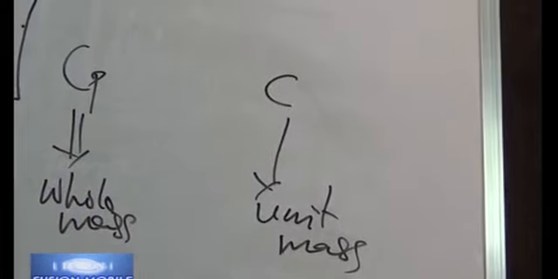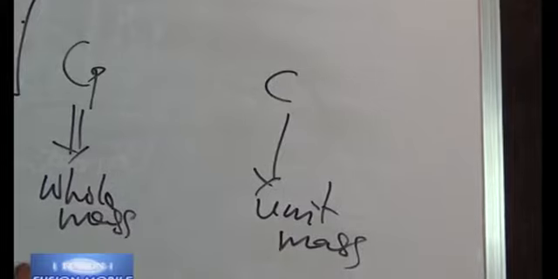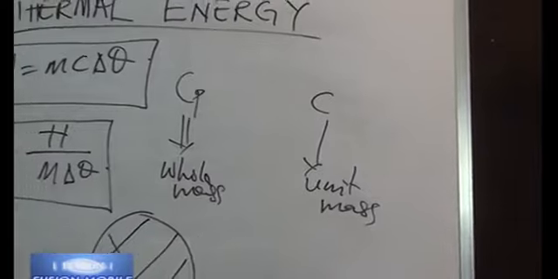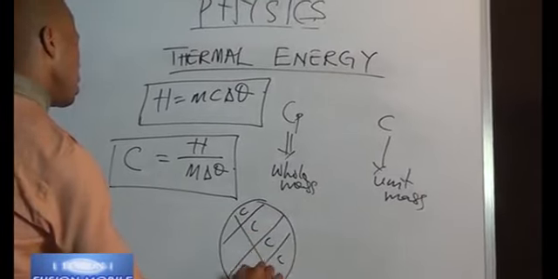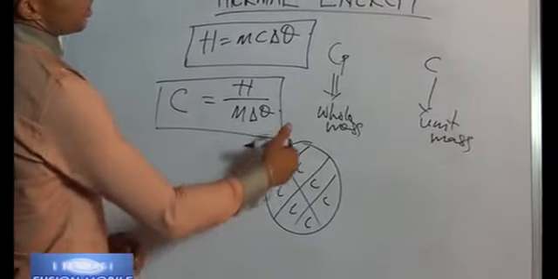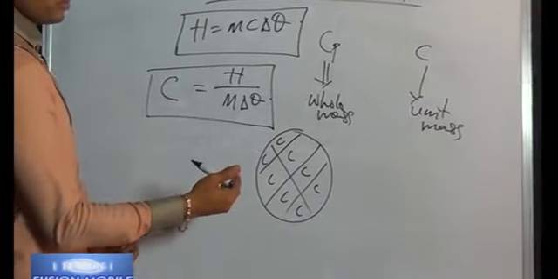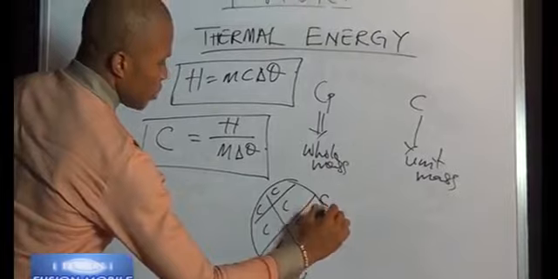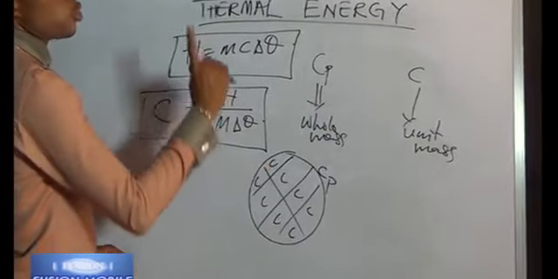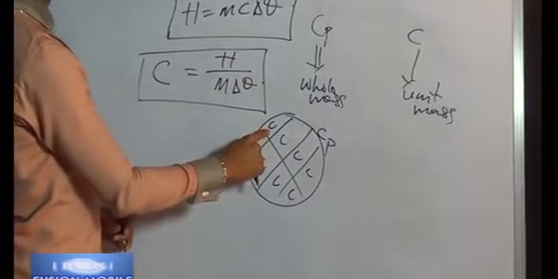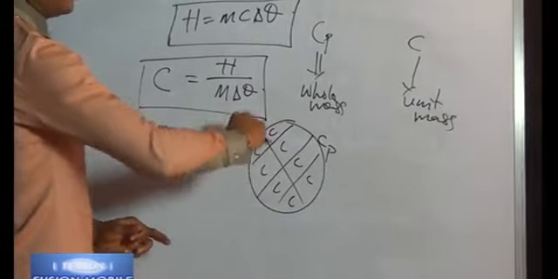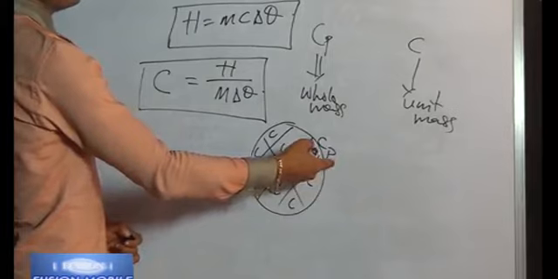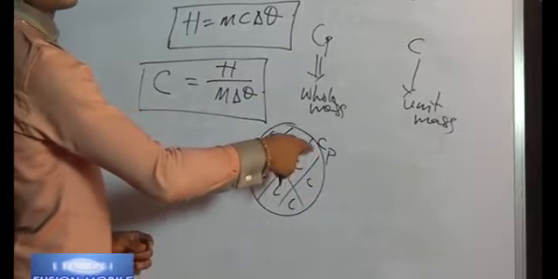Using the method I always use to explain this, here is C, C, C, C, C, C, C, and C. That is heat capacity in all, that is Cp. Each one here is 1 unit, so specific heat capacity is interested in that, but the whole body is Cp. That means heat capacity is interested in that.